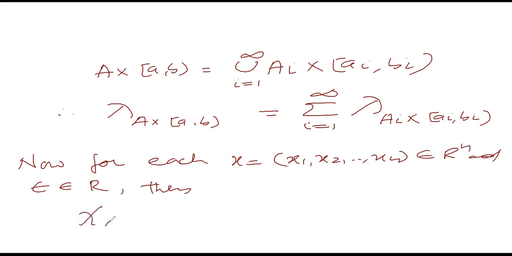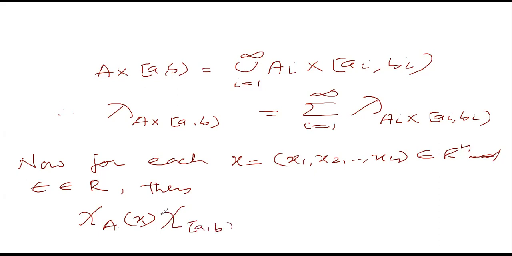Chi ax is equal to, because a is a subset of Rn and x is a point of Rn, so it's a characteristic function of the subset of Rn. So x must be in Rn, into chi ab.